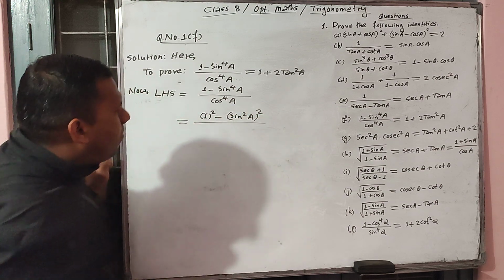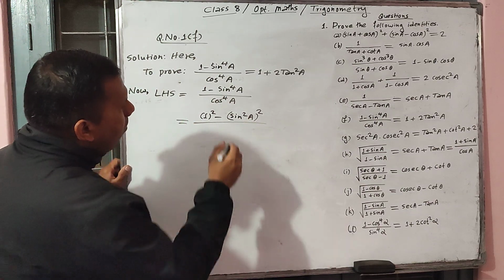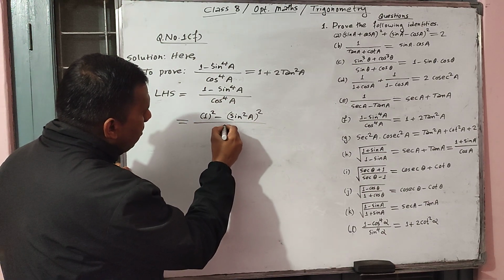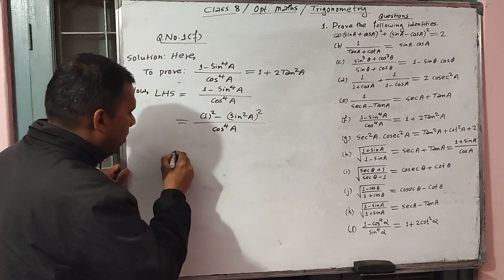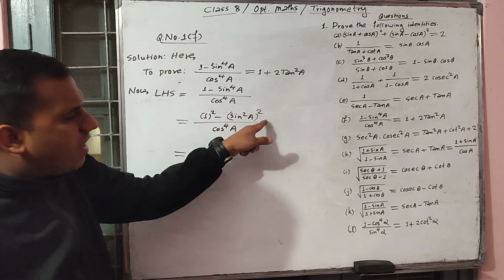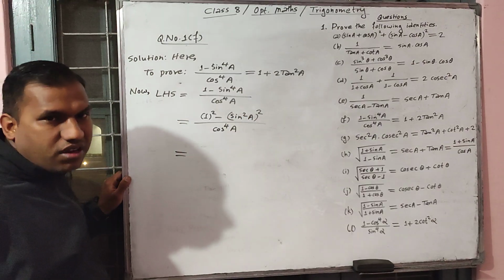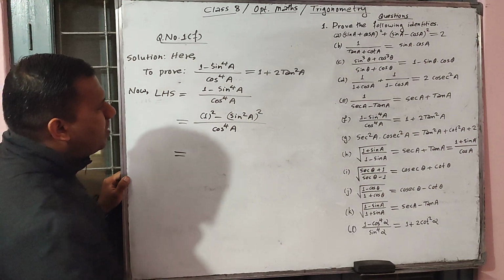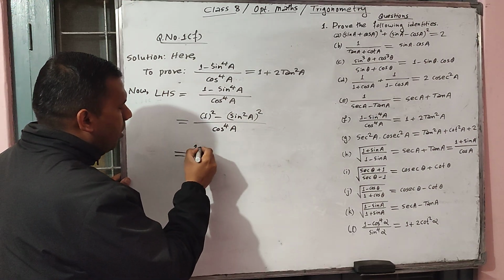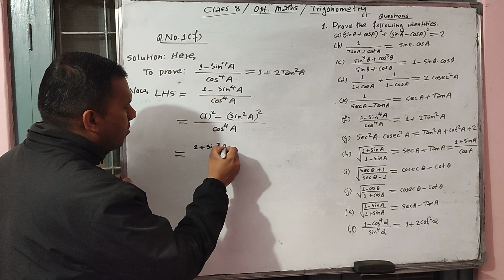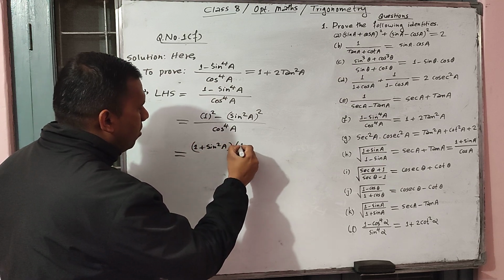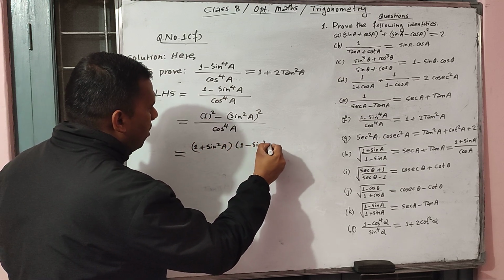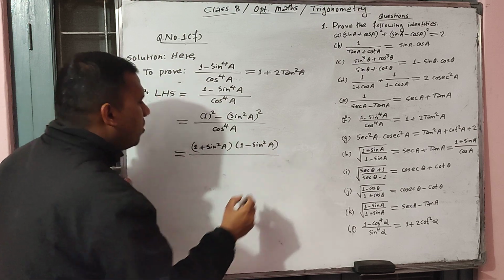So it is in the form of a square minus b square whole upon cos to the power 4a. Now this numerator can be factorized by using the formula a square minus b square equal to a plus b times a minus b. So 1 plus sin square a times 1 minus sin square a whole upon cos to the power 4a.